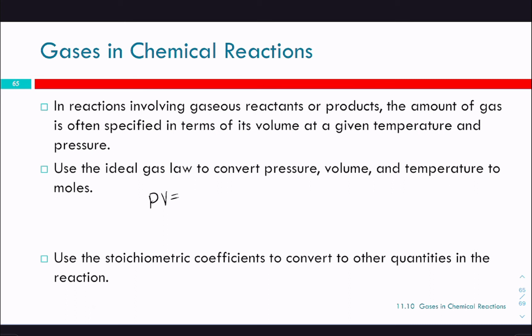So we can just rearrange this to solve for moles. We'll get PV over RT equals n. And then you can use stoichiometric coefficients to convert to other quantities in the reaction. So like the magnesium, I think we used magnesium, right? Magnesium plus HCl to get H2 plus MgCl2.